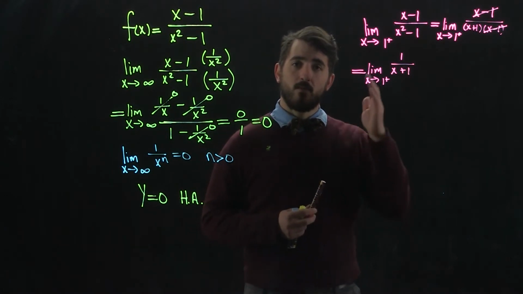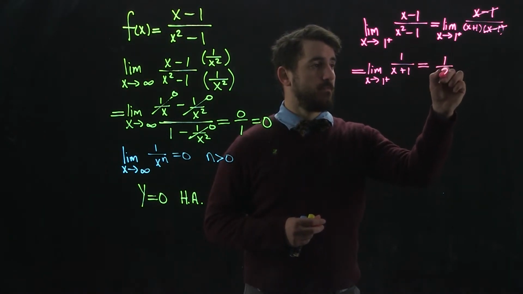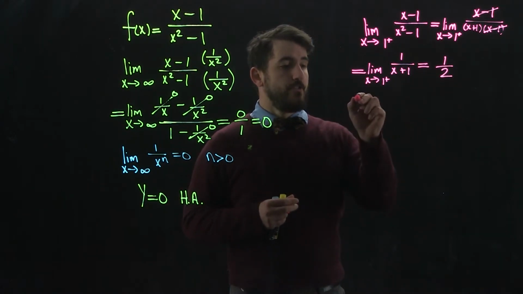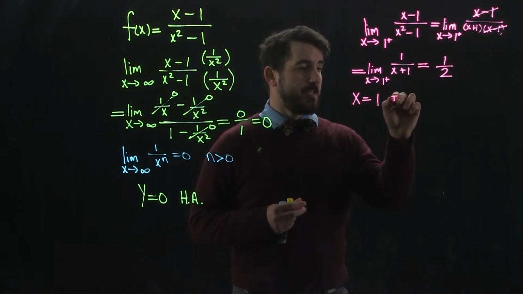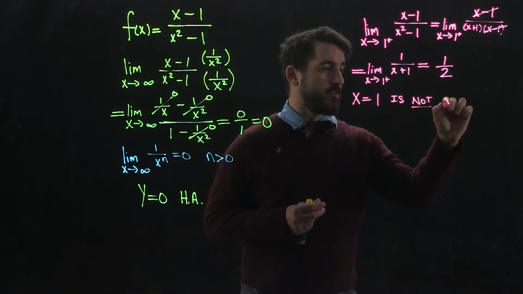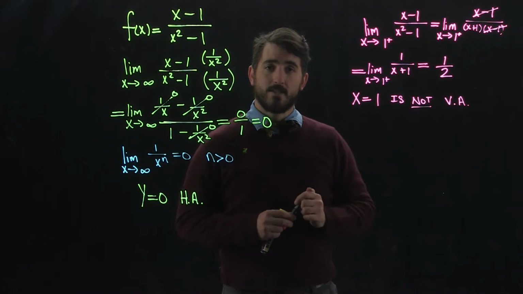Now, when we plug in 1 into this limit, we get 1 over 2. So what this says is x equals 1 is not a vertical asymptote.